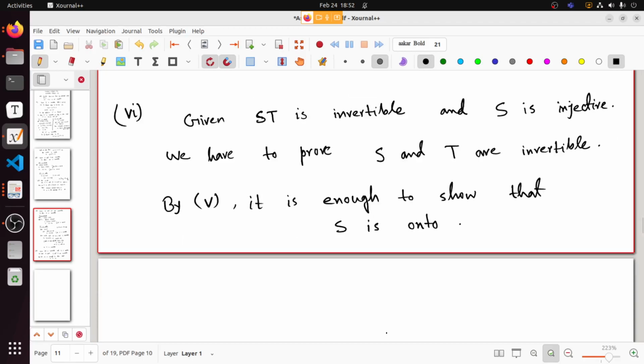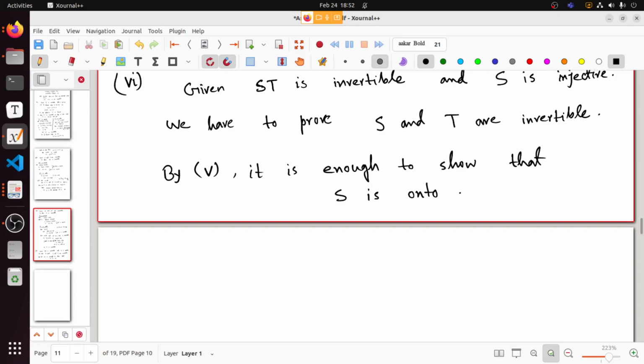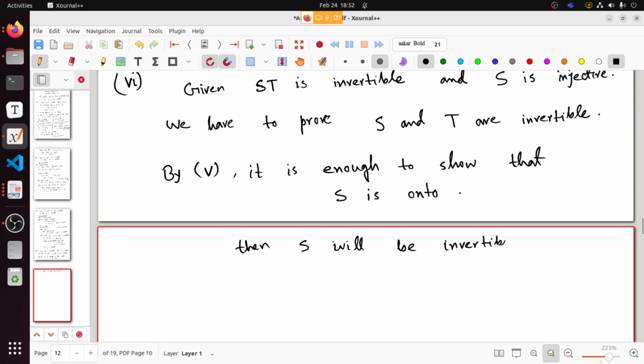Then because S is injective, given, S will be invertible. And now by the fifth one, T will be invertible.